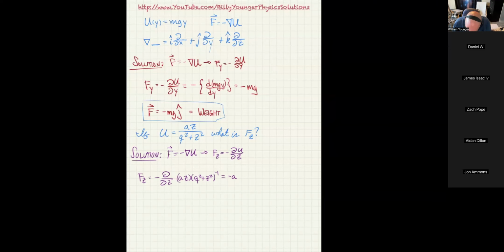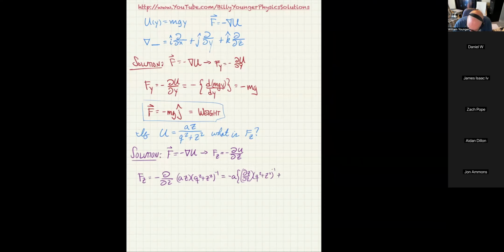So I'm going to break this out and write that the partial of z with respect to z is given by that, where I'm taking the derivative of the first factor. That's going to be multiplied by what is left of the multiplication, which would be z squared plus q squared to the negative 1 power.